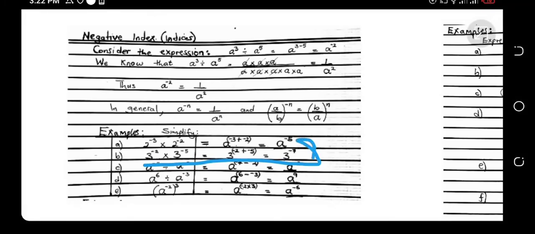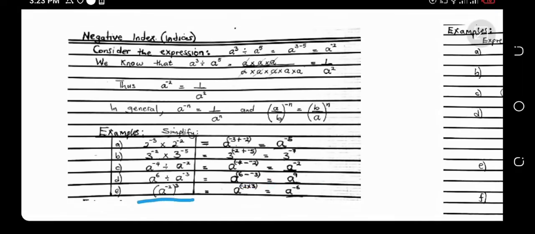Then when you come to the third, which is C, during division we subtract the powers. When you simplify that, you get the answer a to power negative 2. Then D, still during division you subtract the powers, and the answer is a to power positive 9.